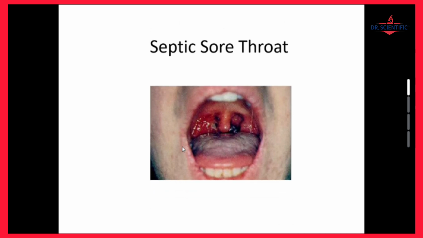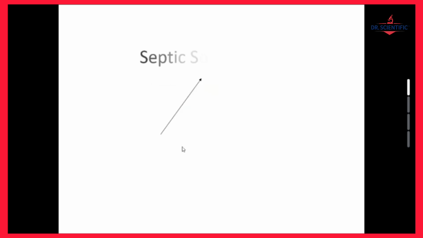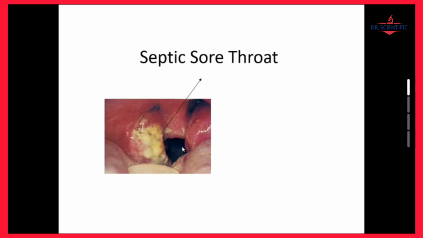It really affects the throat, and it forms a lot of pus. They start swelling of the throat, and therefore it even constricts the trachea. The wheezing comes in because somebody is not able to breathe normally.